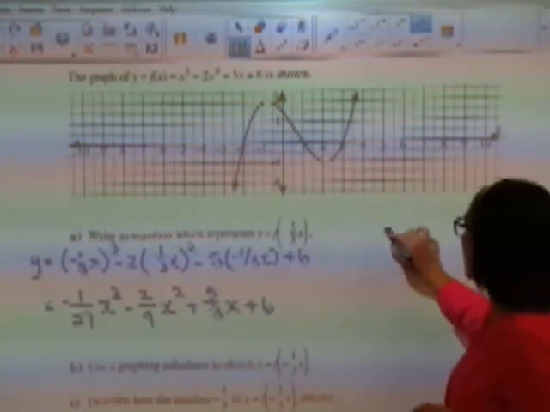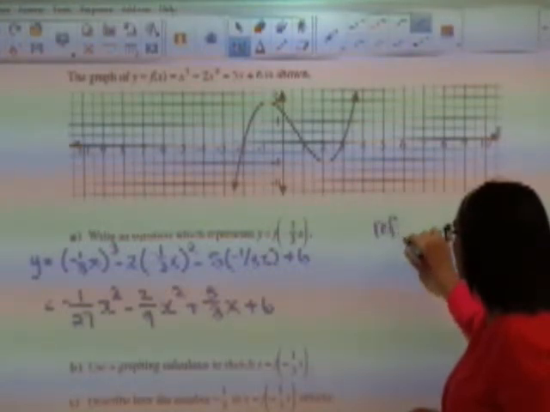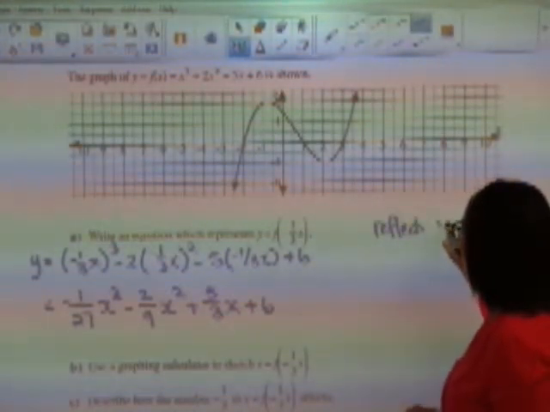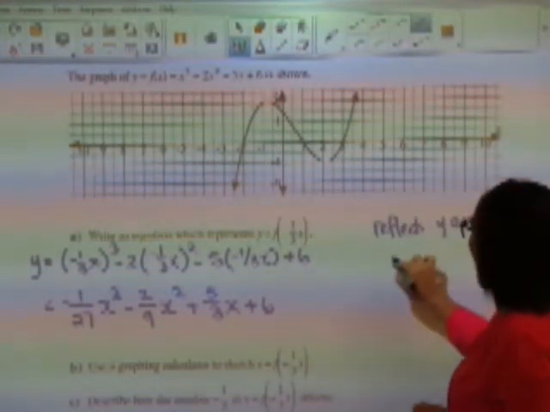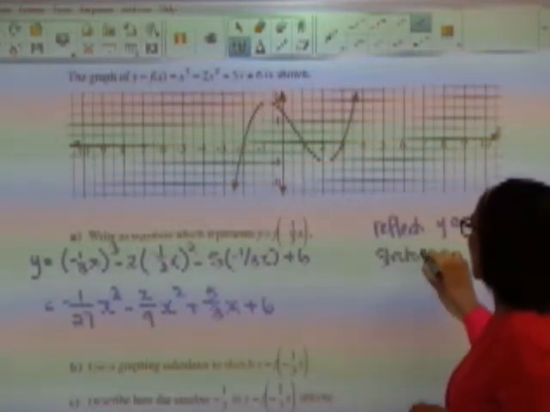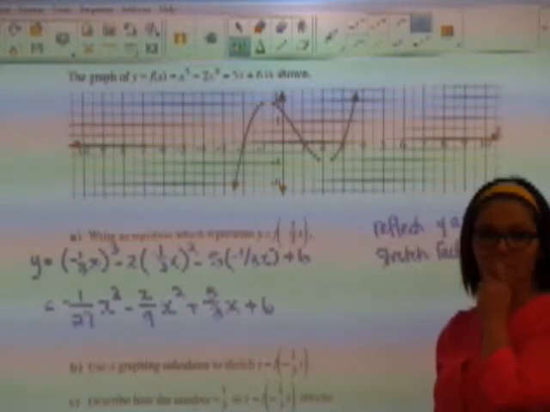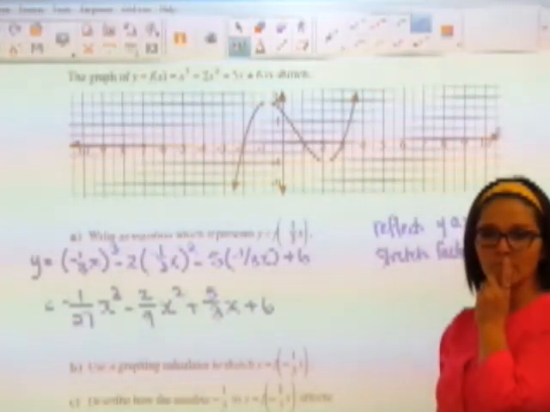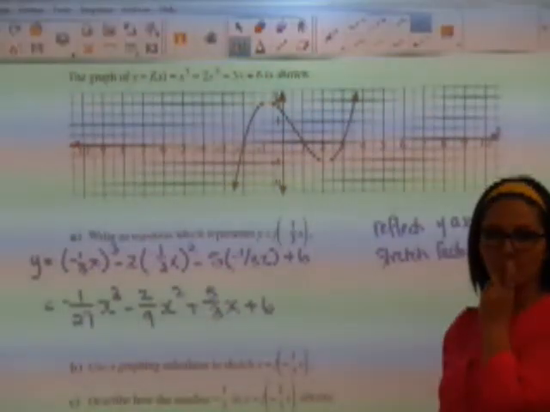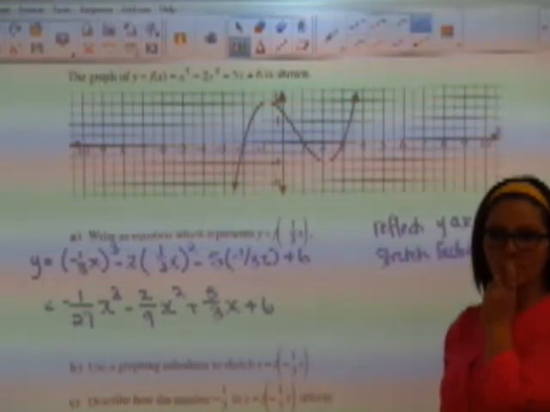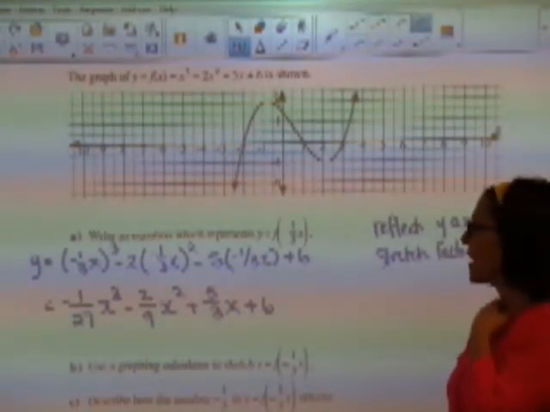So we're looking for a reflection in the y-axis. And what am I looking for for a stretch factor? What's my stretch factor going to be?